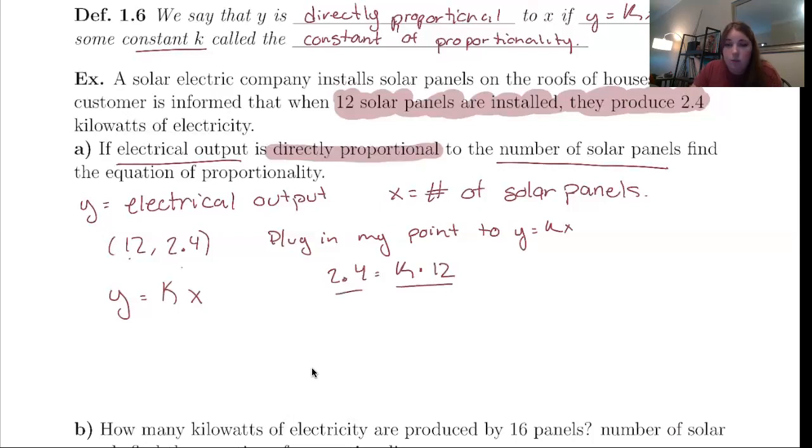I want to solve for k, so I'm going to divide by 12. And I should get 0.2, I think. 24 divided by 12 is 2. Yeah. So 0.2 is my constant of proportionality. Am I moving too fast for anybody?